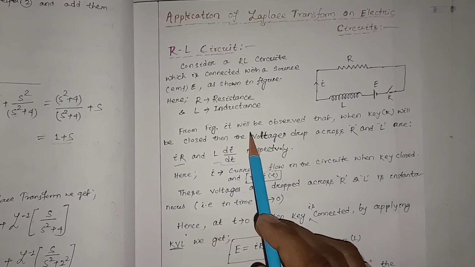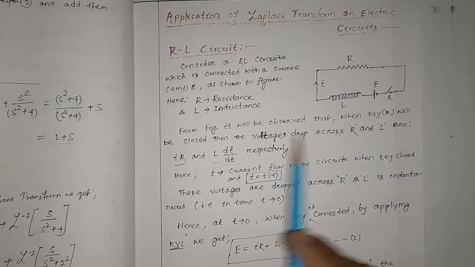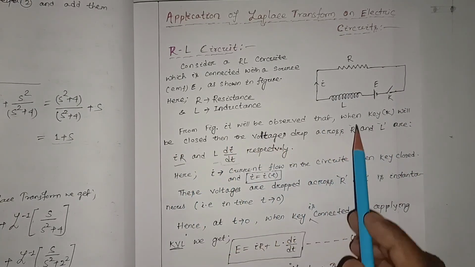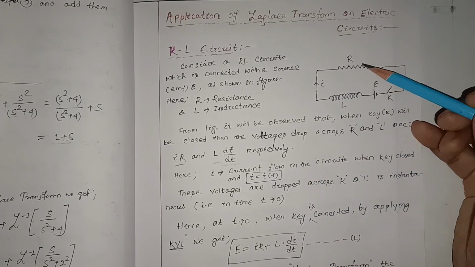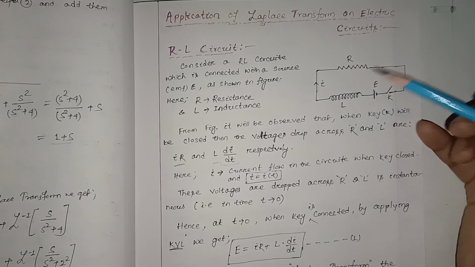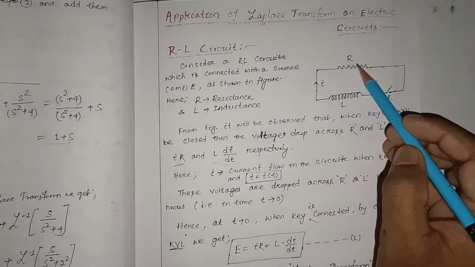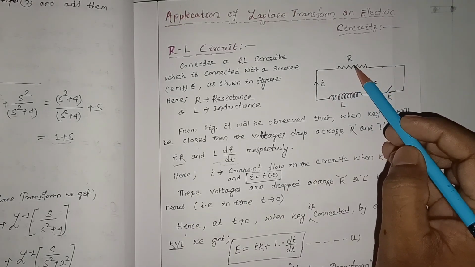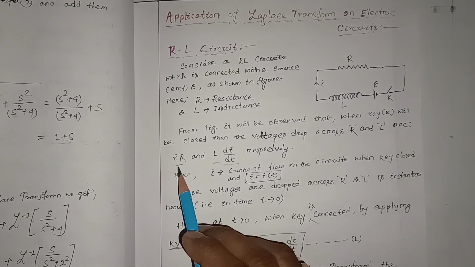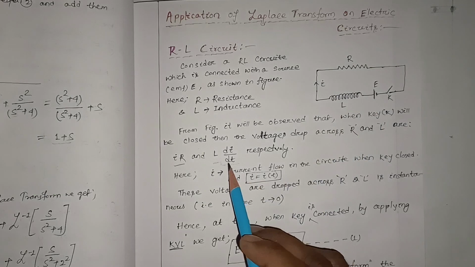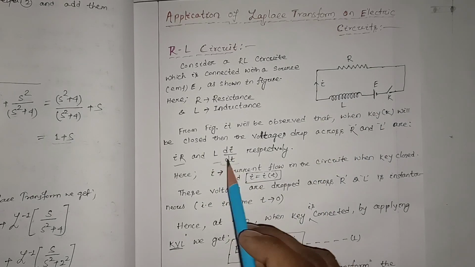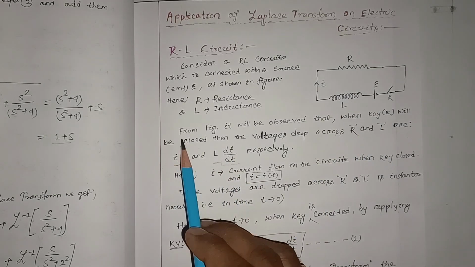From the figure it will be observed that when the key is closed, the voltage drop across R and L, we know that the voltage drop across R will be IR, and the voltage drop across L will be L into di by dt. Okay, so here I have to just modify it.